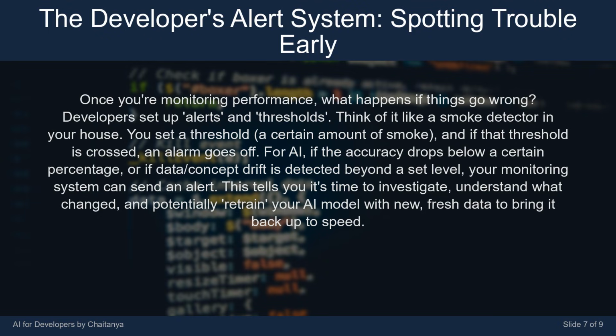For AI, if the accuracy drops below a certain percentage, or if data or concept drift is detected beyond a set level, your monitoring system can send an alert. This tells you it's time to investigate, understand what changed, and potentially retrain your AI model with new, fresh data to bring it back up to speed.